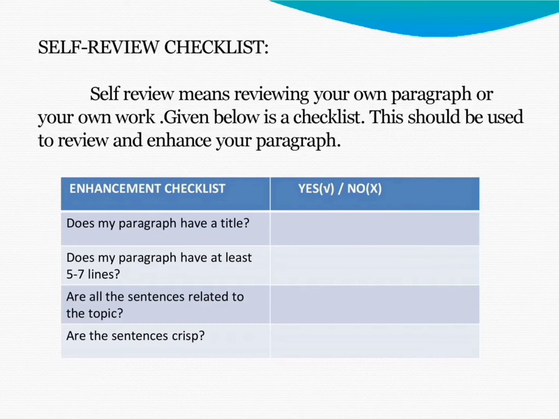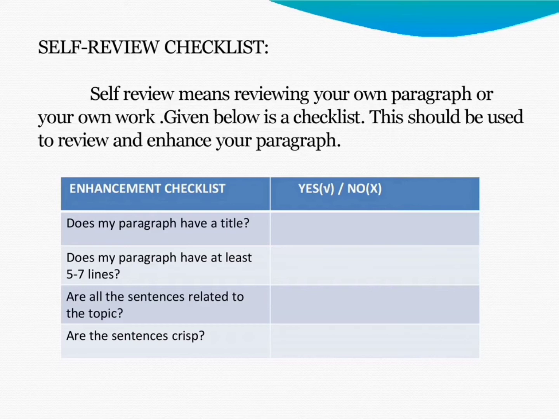The second one is, does my paragraph have at least 5 to 7 lines? Okay, so mostly the paragraph won't exceed 5 to 7 lines. So using the second question, you can find out whether you wrote enough.